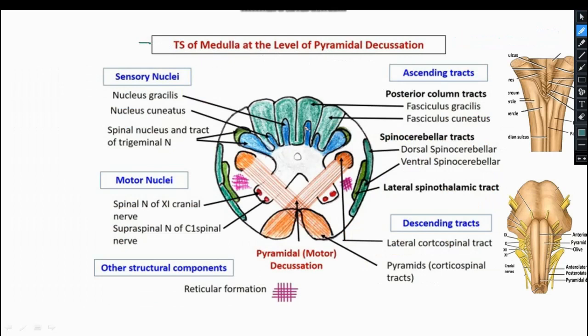This is the transverse section of medulla at the pyramidal decussation. We study this region in two parts: one is the gray matter and the other is the white matter.